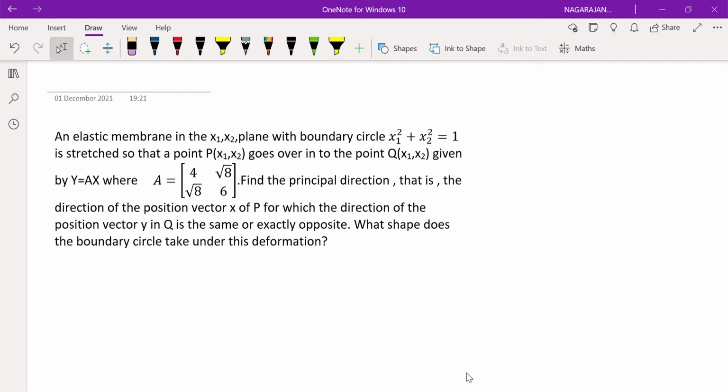A matrix is multiplied by a directional vector, then the system is moved in the same direction with some scalar value. That direction is the eigenvector, and the scalar value is the eigenvalue of the corresponding system A.